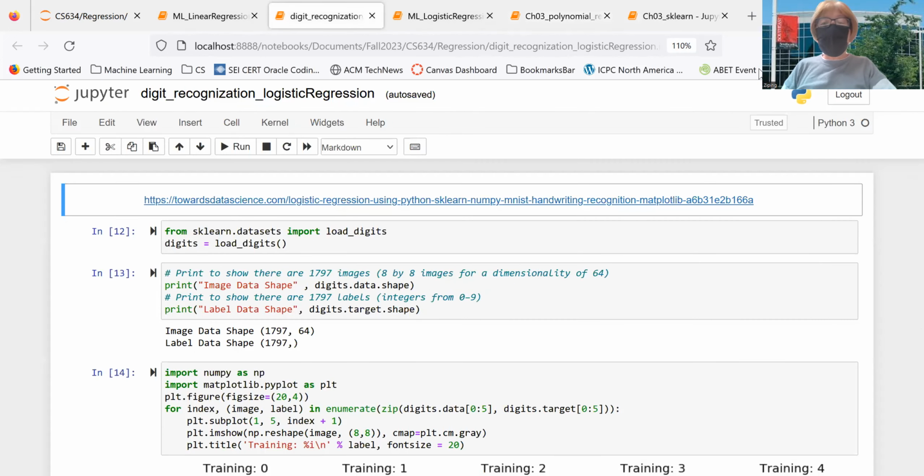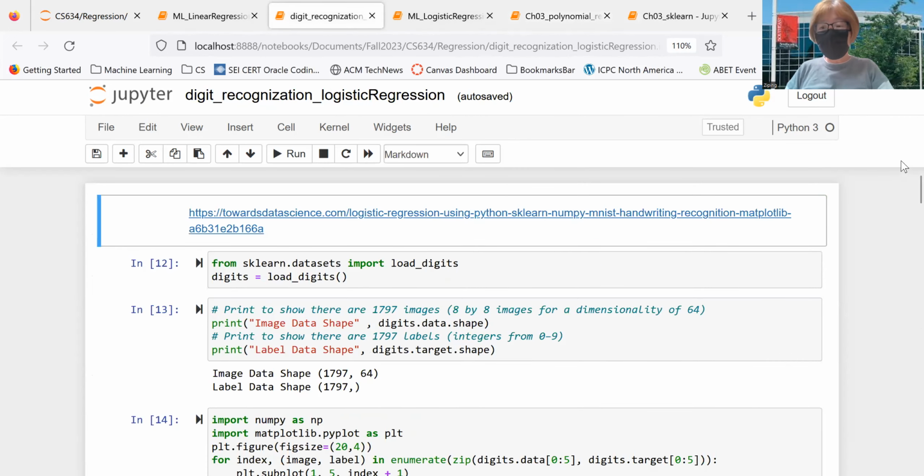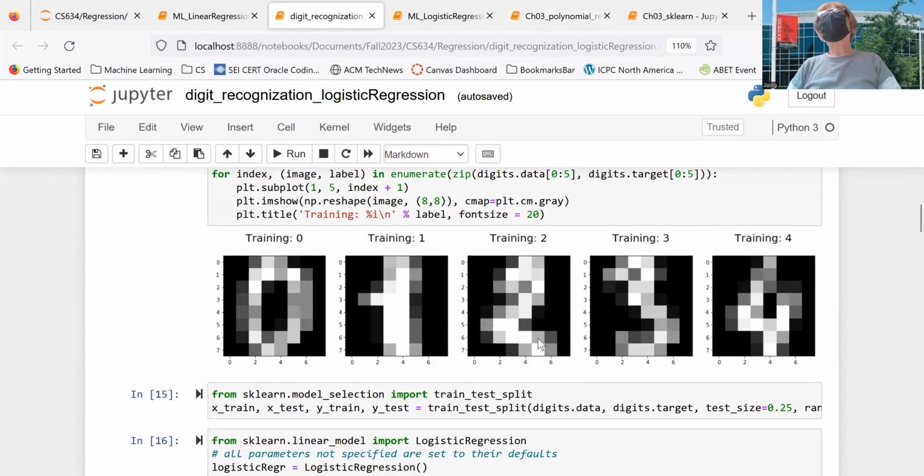Okay, the last one is a very classical example. It's about handwritten digits. We call it the MNIST data set. A very, very classical one. Quite interesting. I strongly recommend you read it.